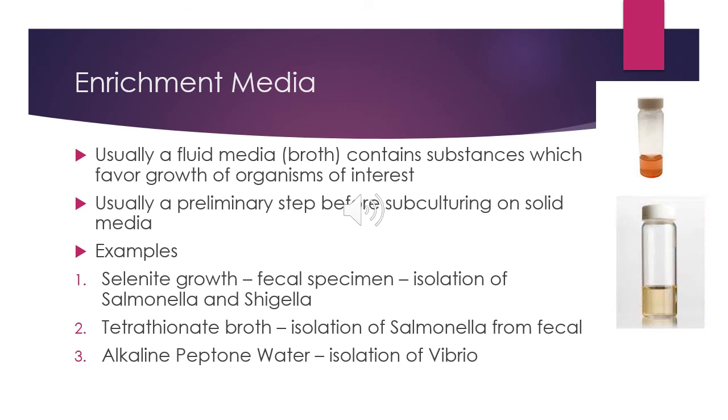One is your selenite broth, which you use for primary culturing of specimens, and it will favor isolation of Salmonella and Shigella, so that when you subculture, you can isolate them better. You can also use tetrathionate broth as a step media for isolation of Salmonella from fecal specimens. And then also, you can use alkaline peptone water to favor or enrich the growth of Vibrio species.